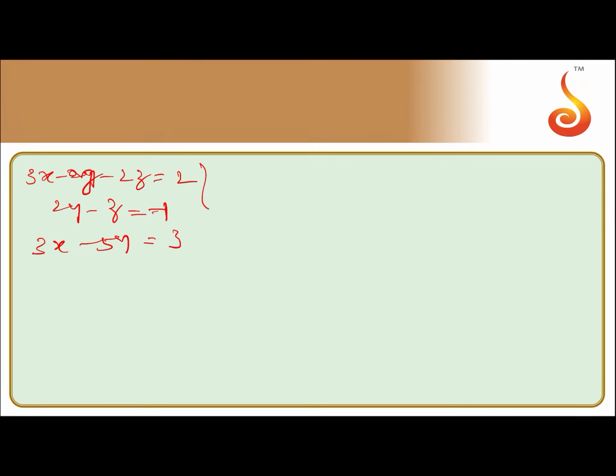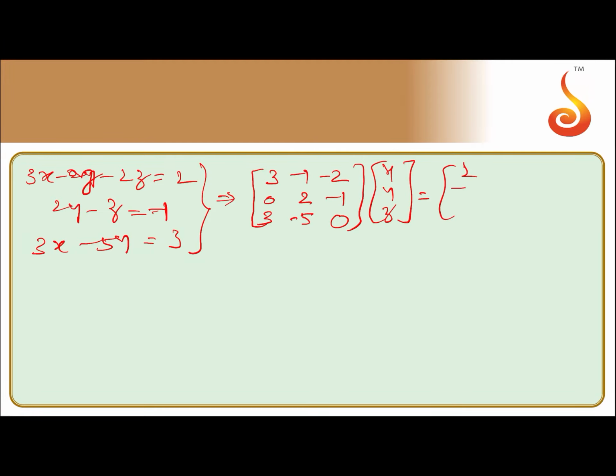If we rewrite this in matrix form, it can be written as the matrix 3, minus 1, minus 2; 0, 2, minus 1; 3, minus 5, 0, multiplied by xyz, equals 2, minus 1, 3. This is in the form Ax equals b, and this is the matrix A.